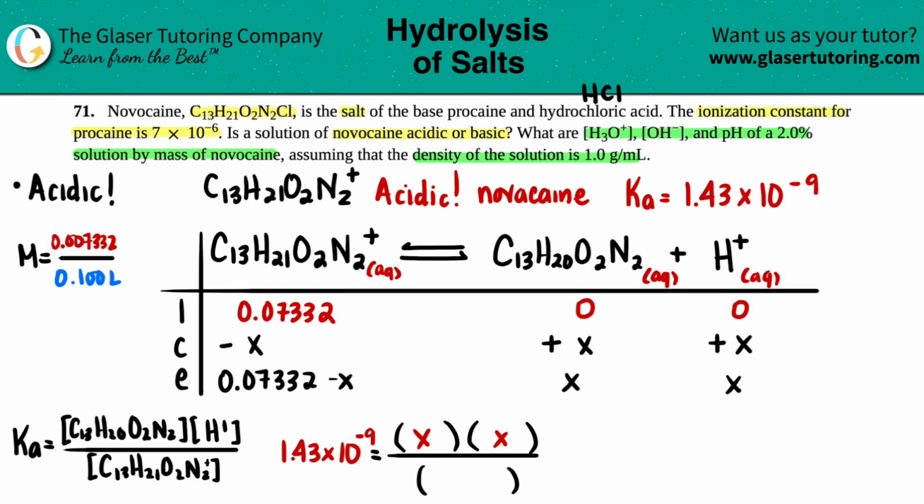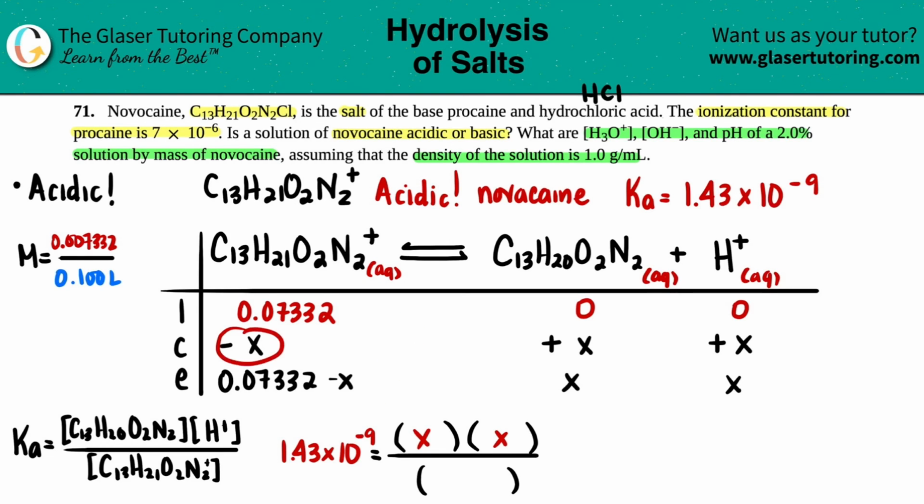And now here's the thing, guys. Since this Ka value is so small, that means that at equilibrium, you will have mostly reactants. But here's the thing. If you started off with mostly reactants, and you're going to end with mostly reactants, is this minus change a big one, or is it a small one? It's a small one.